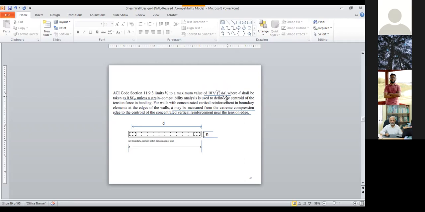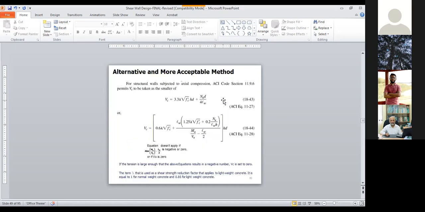And to calculate d, you can consider 0.8 times the length of the wall. So if you want to calculate the effective depth d, you just use 0.8 times the length of the wall, this is the lw. So you can easily get the effective depth.